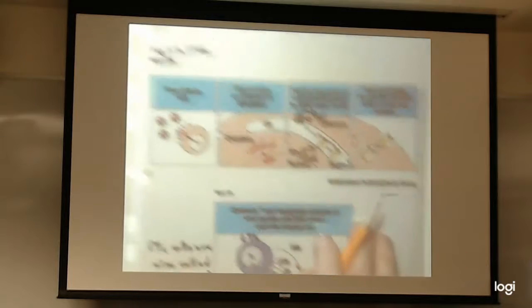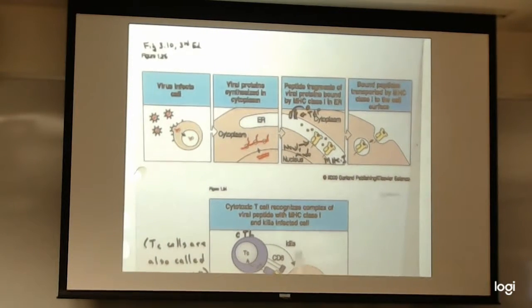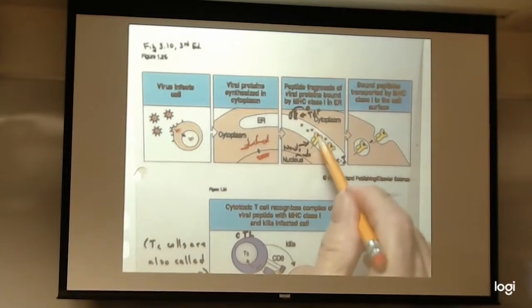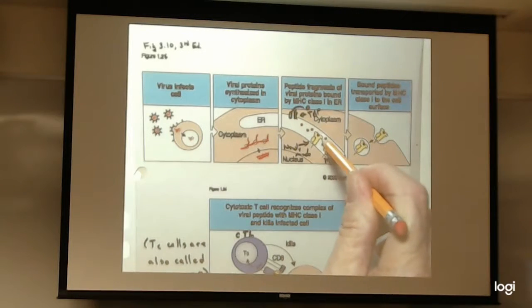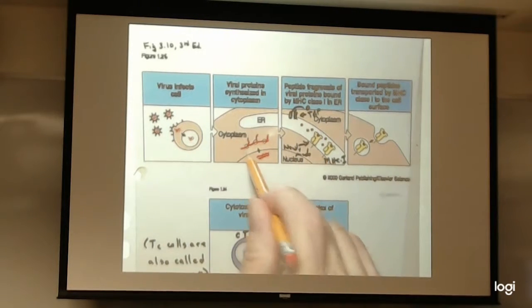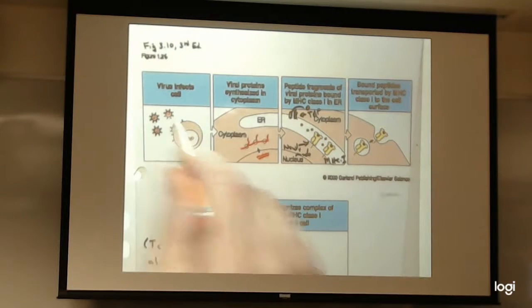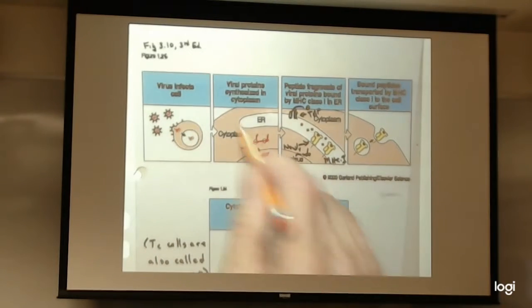This just summarizes what we've already said, that class 1 MHC molecules bind peptides derived from viral infections and virally specified proteins now in the cell.